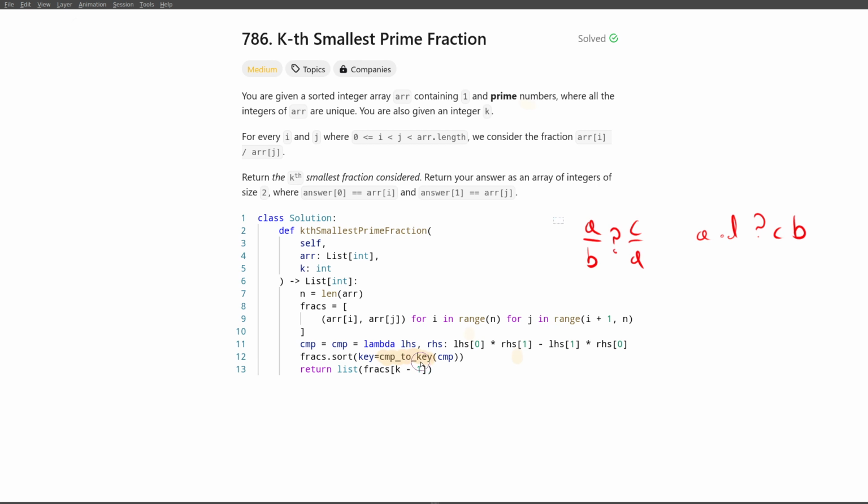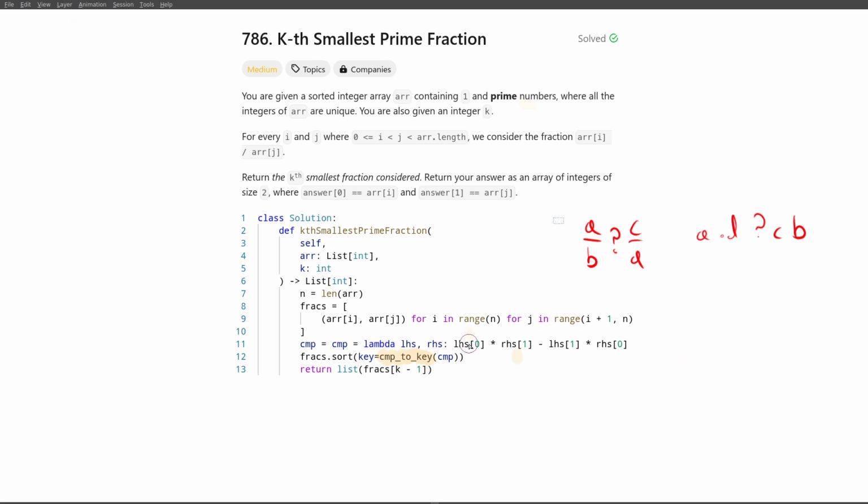Also, as a side note, it's quite an interesting thing, so you might want to think about how you would implement this function. You would implement a function that takes a function that compares two elements in an arbitrary way and turns it into a function that takes a single element and returns something such that comparing it with what it returns for another element gives exactly this comparison.